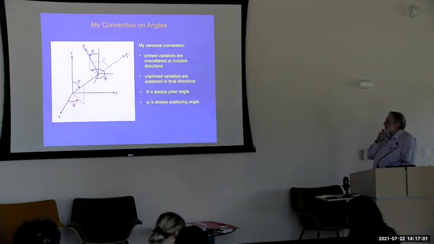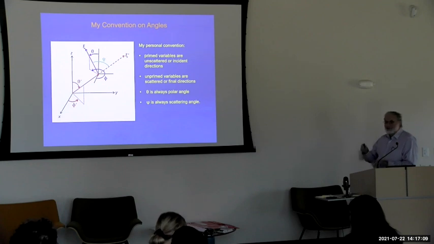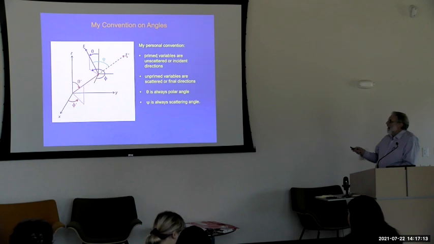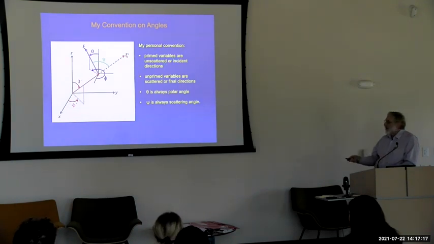We did get a little question on which angles to use. My convention on angles is I'm going to pick a coordinate system, x, y, z, that's whatever's convenient for my problem. And then I always use primed variables for incident or unscattered light. And I'm going to use theta and phi as being angles, polar and azimuthal, in my fixed coordinate system.